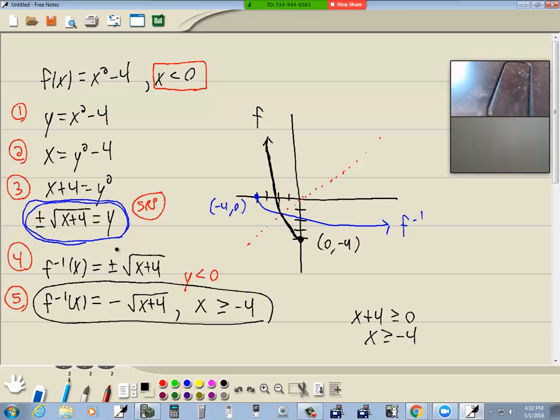Yeah. Normally I don't like the graphing part. I like algebraic ways to do it, but the graphing is actually the easiest to see.